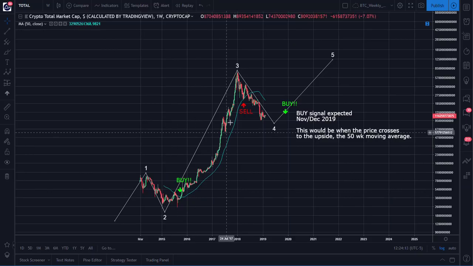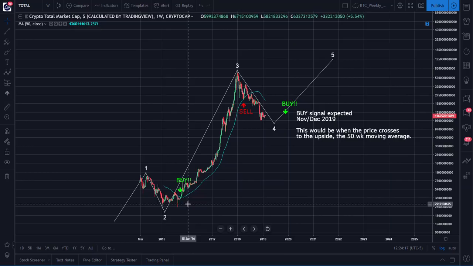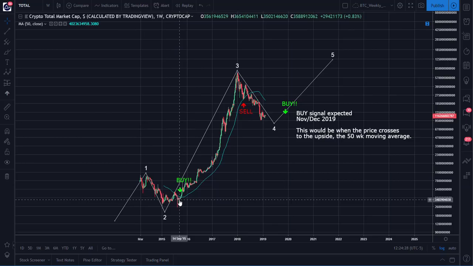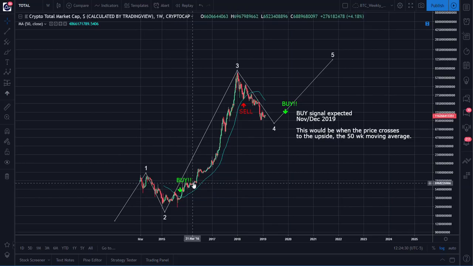So if we look at the 50-week moving average, say that the buy signal was generated here because price breached the 50-week moving average to the upside and you held it.